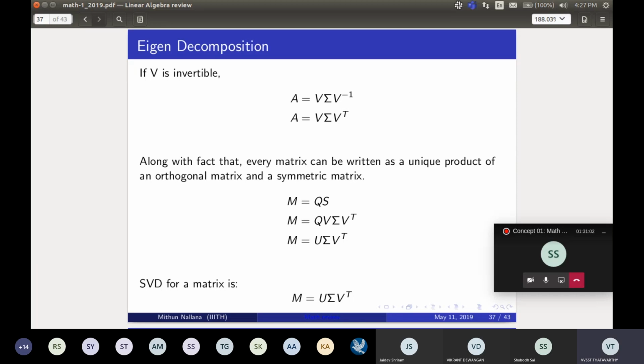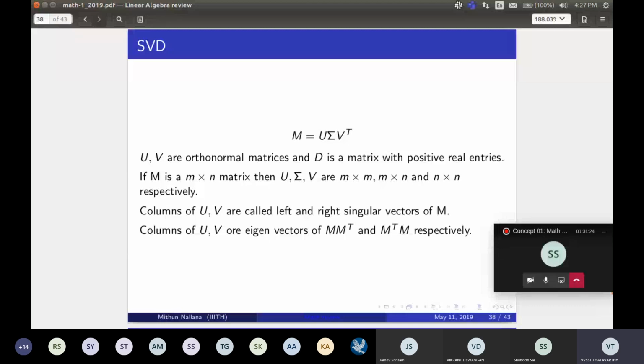So you can decompose a matrix into Q times S, and if you decompose a symmetric matrix in terms of eigenvalues, Q sigma V transpose, you get U sigma V transpose. This is a very famous decomposition of a given matrix called the singular value decomposition, SVD.